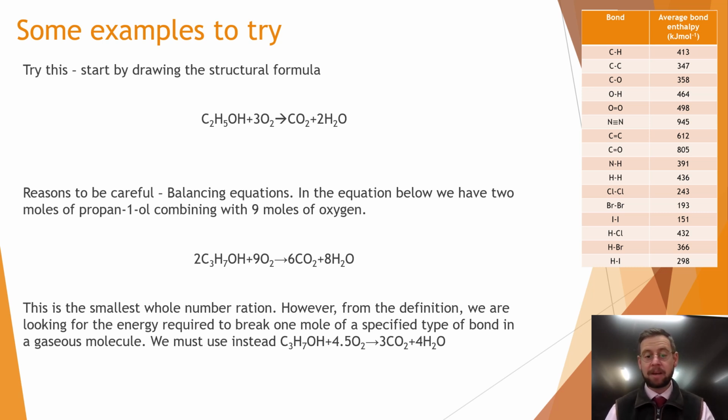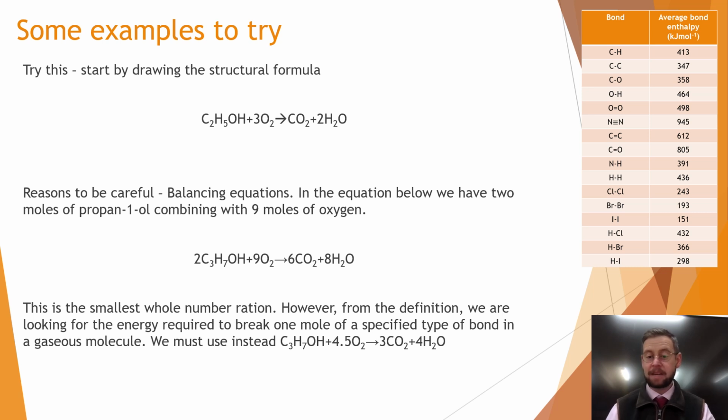First of all, when it comes to balancing equations, if you look at the equation below, this is propan-1-ol, and what you can see is it's combining with 9 moles of oxygen. That is the simple whole number ratio. That is the simplest balanced way we could get that formula.